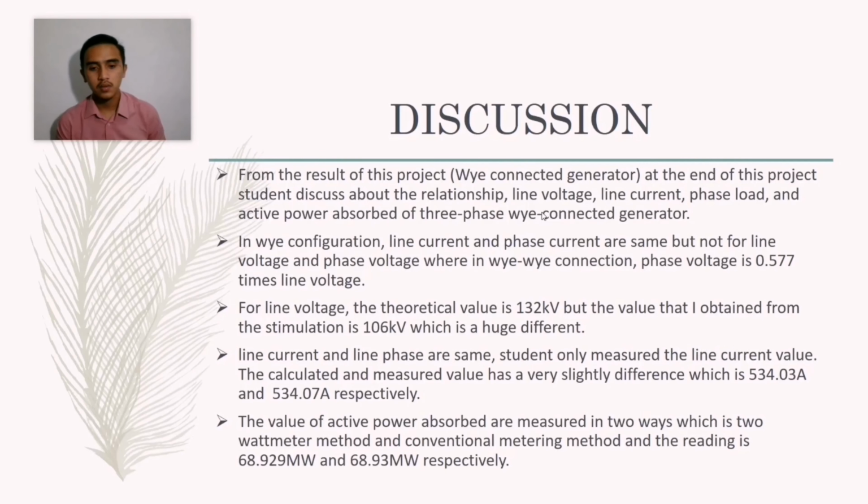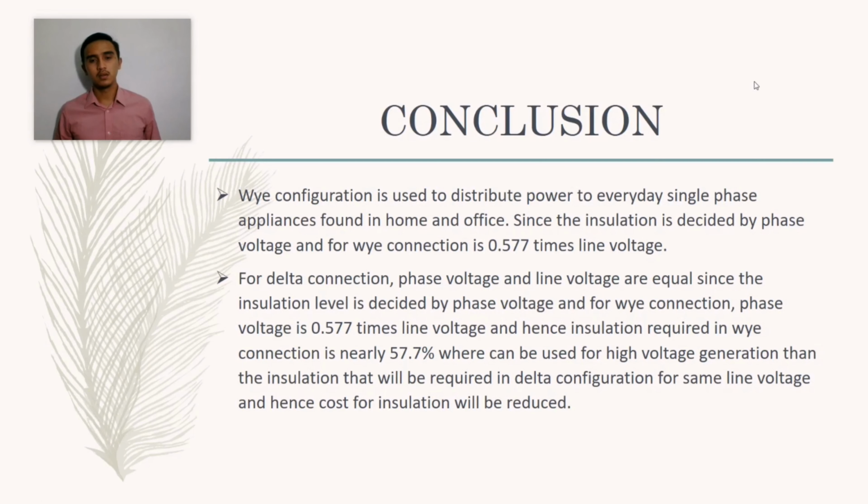The value of active power absorbed is measured in two ways, which is the 2 wattmeter method and the conventional metering method. And the reading for the 2 wattmeter method, I got 68.929 megawatt, and for the conventional metering method is 68.93 megawatt.